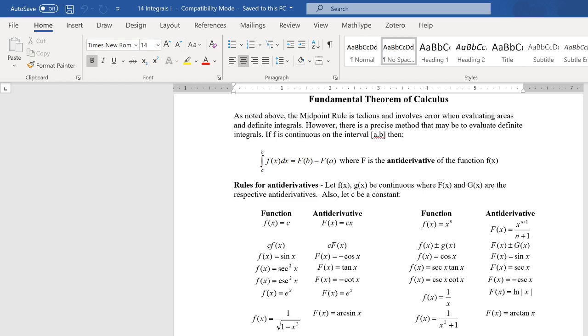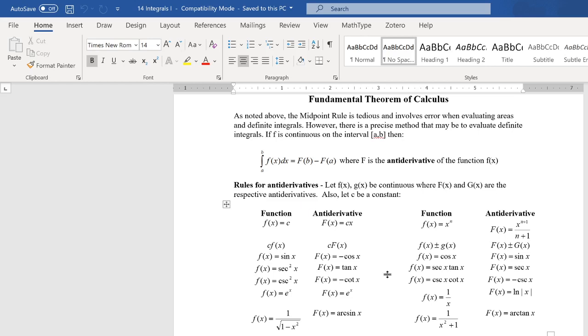One of the biggest things I always see with students is they don't like to do the minus the function at a. I don't know why. But you have to be very careful with that negative sign. So if the function is a combination of a bunch of terms, you have to distribute that negative to all of them.